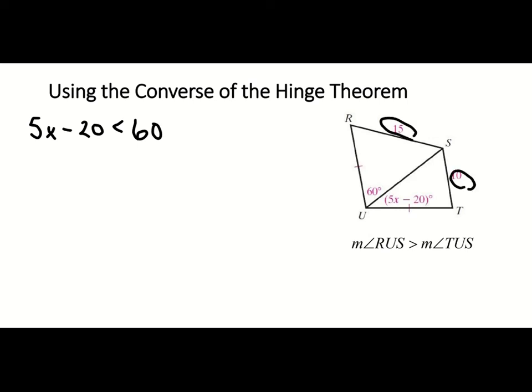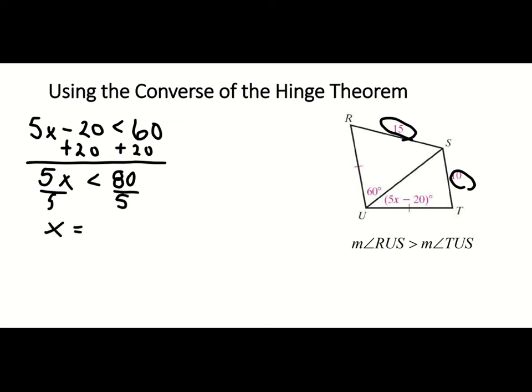So now I'm going to solve that inequality. I'll add 20 to both sides, and we get 5x is less than 80. Divide by 5, and x is equal to 16, not equal to, excuse me, it is less than 16. Okay, now I need a range. I only have one number so far. That's my upper range.